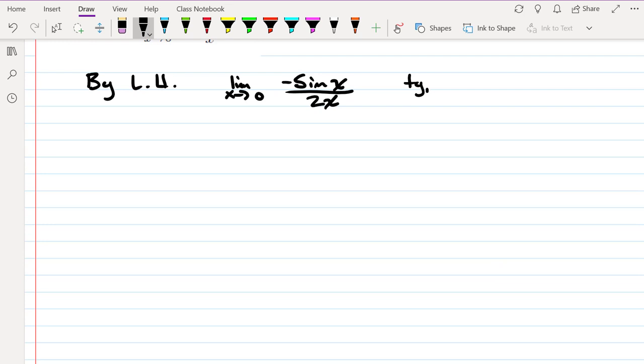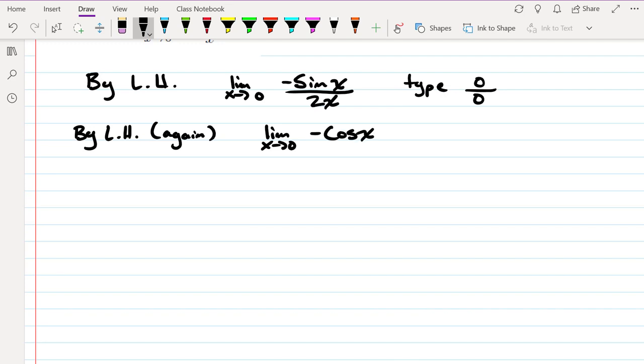So once again, this is type 0 over 0, and 2 times 0 is 0. So then, by L'Hopital's rule again, we get the limit as x goes to 0, and the derivative of negative sine is negative cosine, and the derivative of 2x is 2.